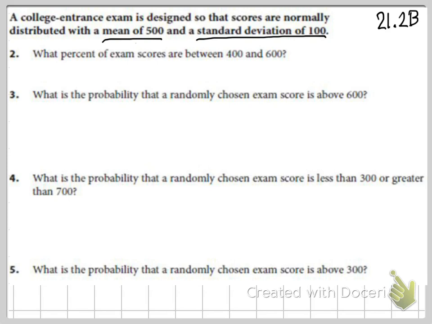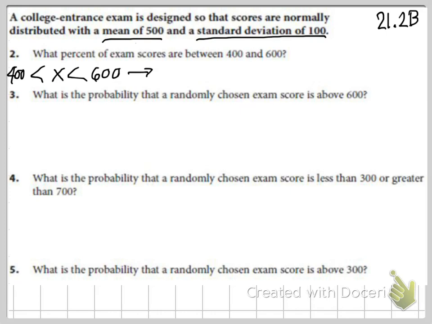What percent of the exam scores are between 400 and 600? Okay, so I'm talking about X numbers between 400 and 600.